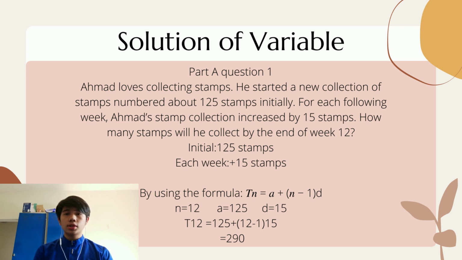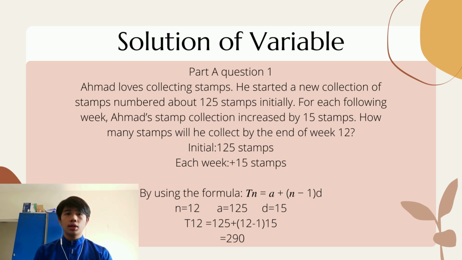So the 15 stamps is the d, the difference between every week. We basically just need to put the values in the formula, where Tn is what we want to find, and n is the week that we want to calculate, which is the end of week 12.